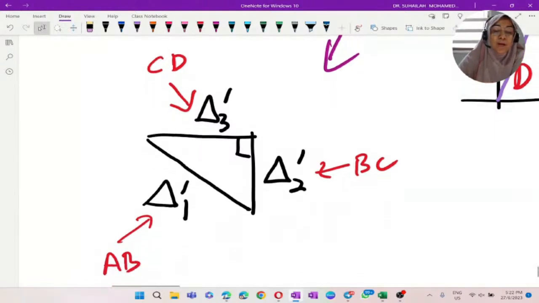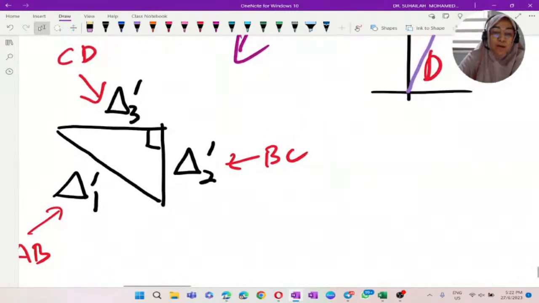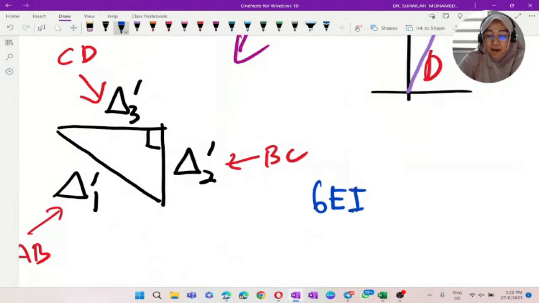So we will use this delta 1 prime, delta 2 prime, and delta 3 prime whenever we calculate the FEM due to sidesway. And the formula to calculate FEM due to delta is 6EI delta over L squared. We use prime, so we put prime here.